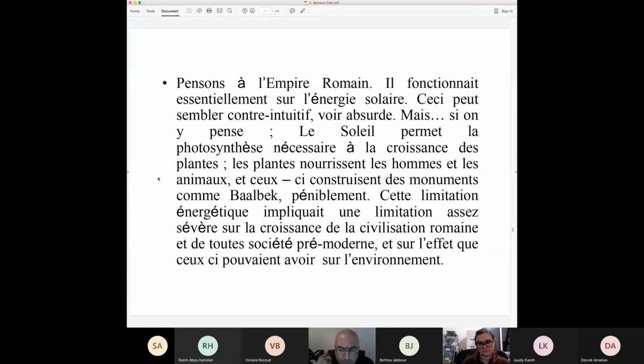So this energetic limitation was the characteristic of every pre-modern society. Among the things it limited was the effect that they could have on the environment.